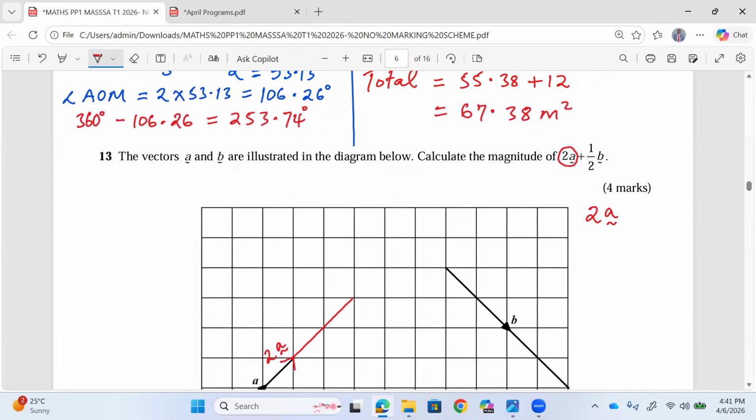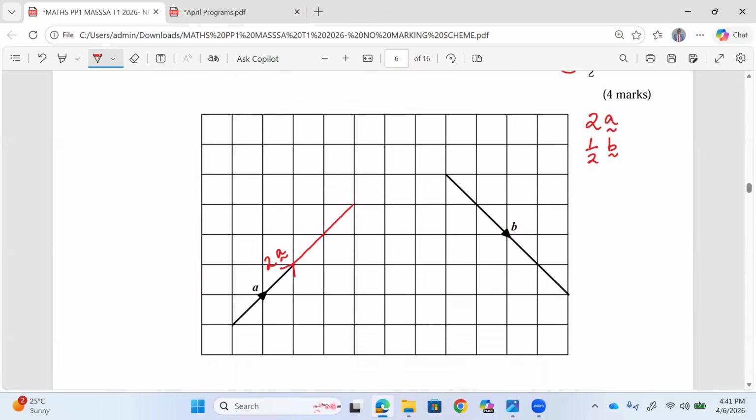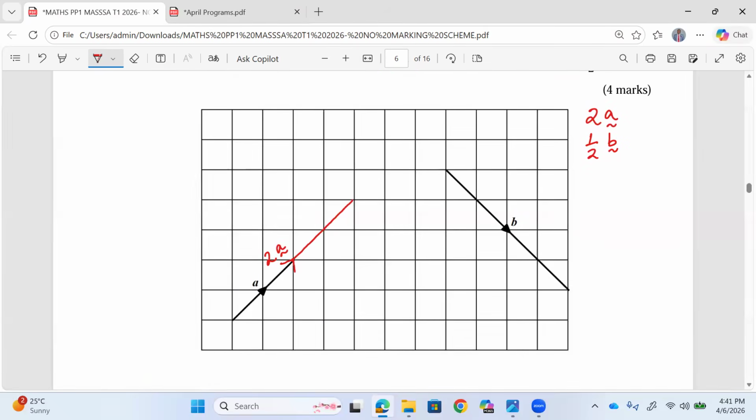Then what about half vector B? You see vector B is 4 units to the right, then 4 units downwards.